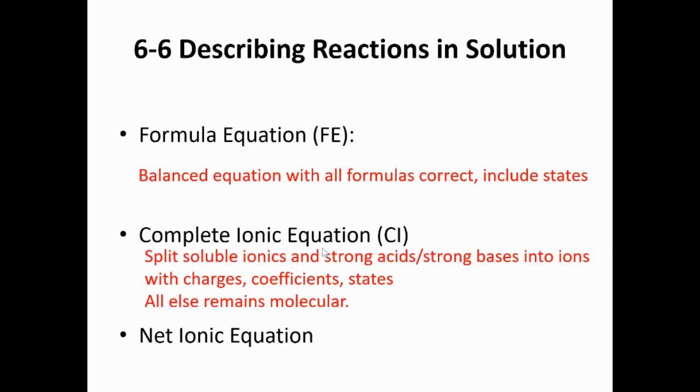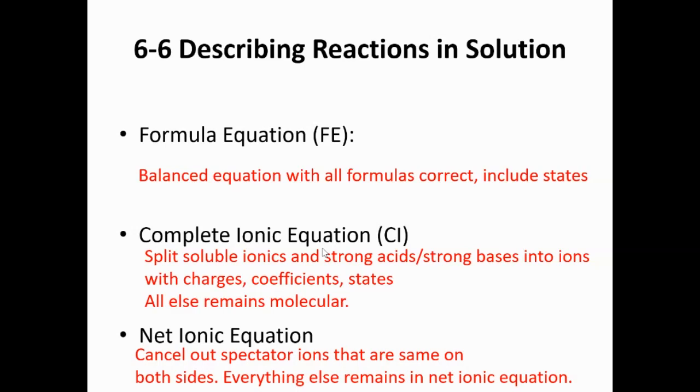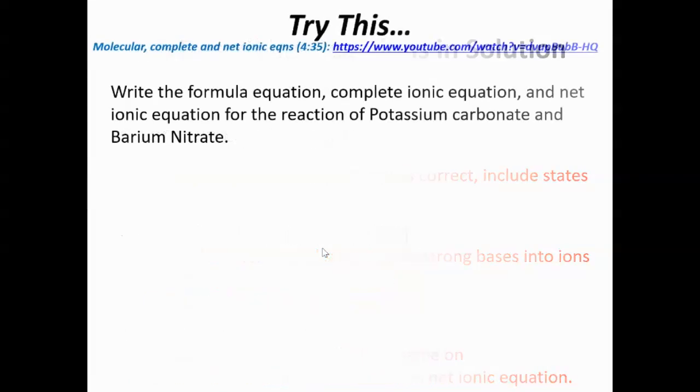This is where we would take our soluble ionics and our strong acids and bases, and split them into ions. However, our insoluble salts would remain molecular. And then the net ionic equation, we're going to cancel out any spectator ions that are the same on both sides of the equation, and what we are left with is the net ionic equation.